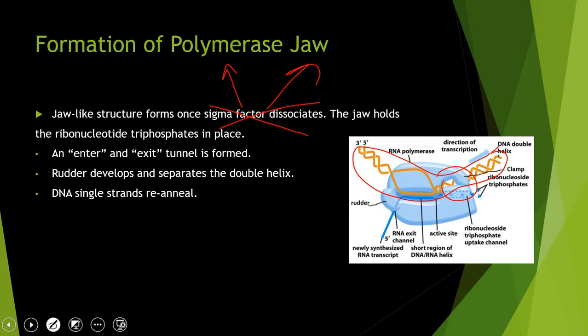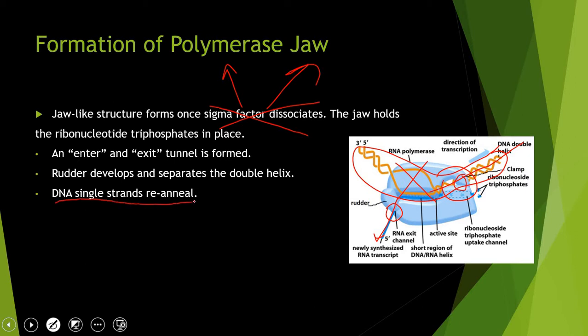And then next, in this center section here, a rudder develops, and that's what separates the double helix, right? And then also you have an RNA exit channel here and an entering. So you have these ribonucleotides entering, and then this is the exit. This is where the newly synthesized RNA transcript comes out of, right?